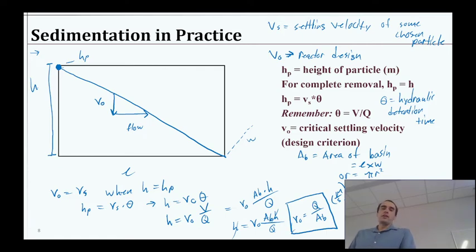What's interesting here is you'll notice that the height went away. You think about a chamber that's supposed to let a particle settle some distance, and you think to yourself, well, the depth is going to matter a lot because it has to settle some depth. But it ends up that information is captured within the flow rate and the area. If you think about pouring a bunch of water through a narrow pipe, it has to go pretty fast compared to if you have a wide pipe, right?